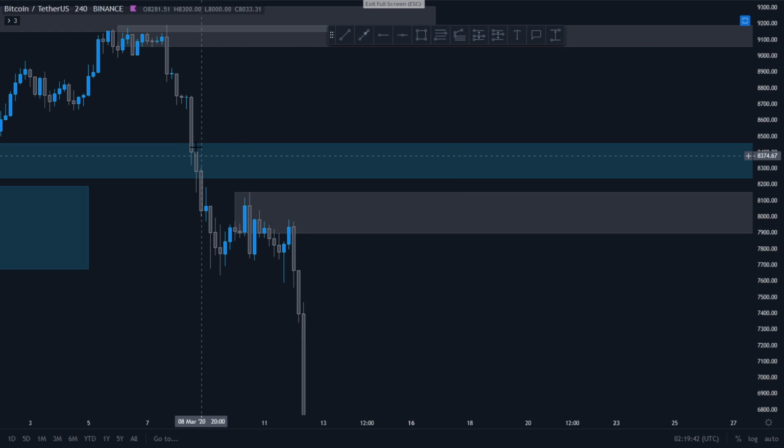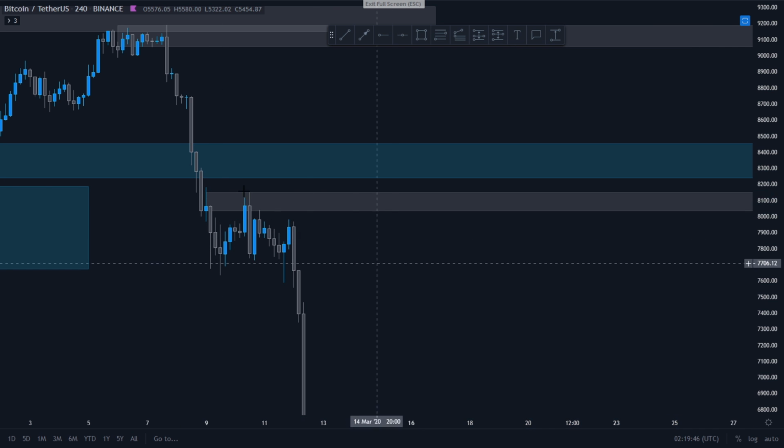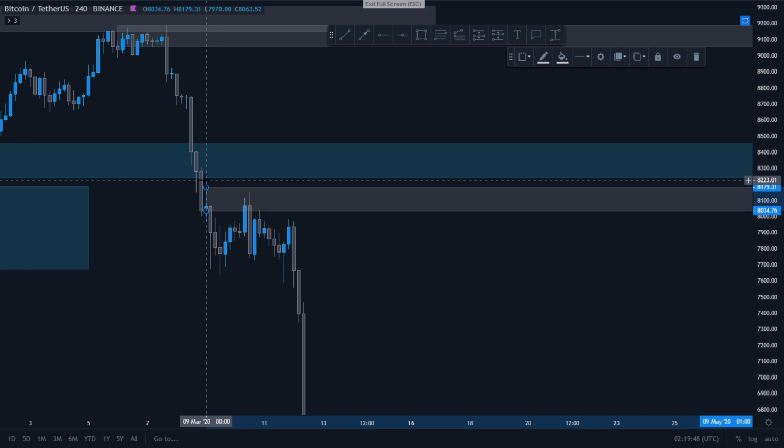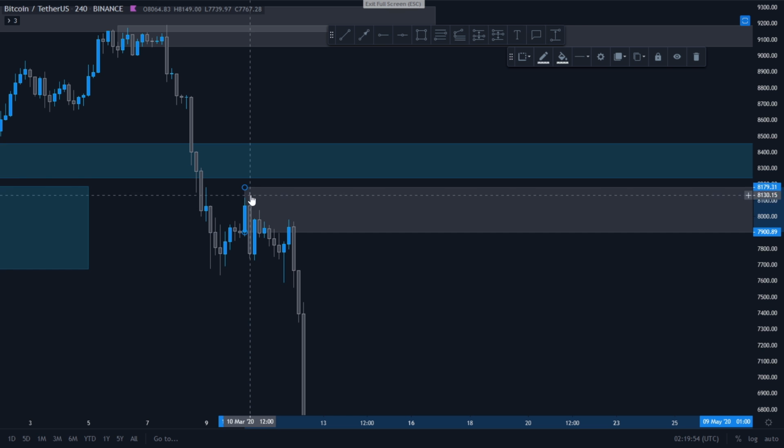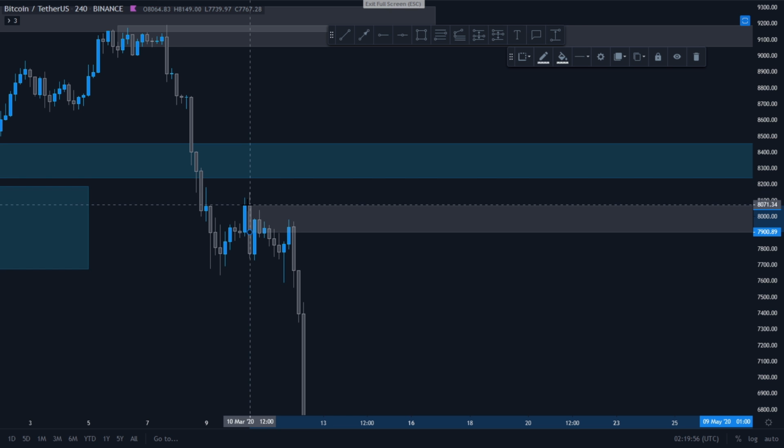Here is a supply zone. Here. Drop, base, drop. Price comes back into it and then does the reversal.